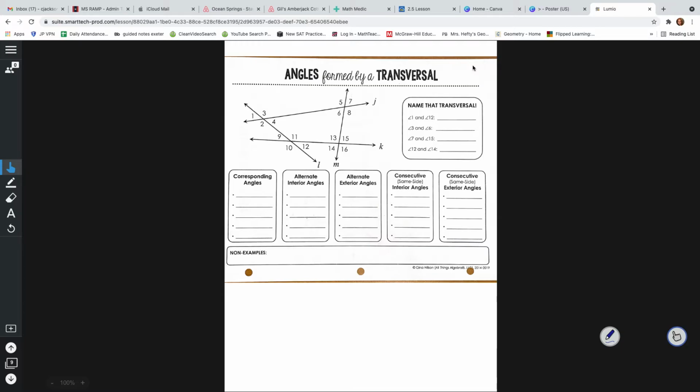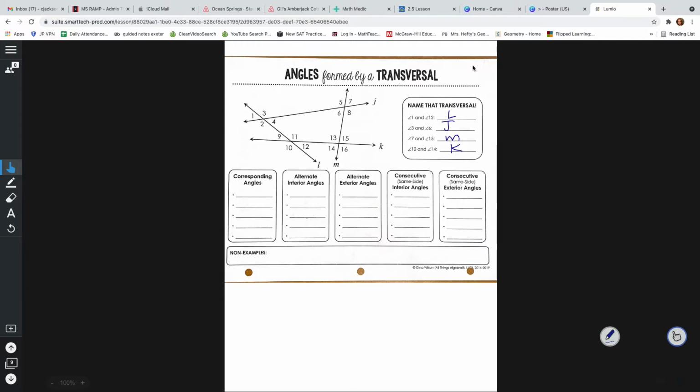L. What about 3 and 6? What transversal? J. 7 and 15? M. And then 12 and 14. So you're looking at that transversal when I'm asking you about those angles.